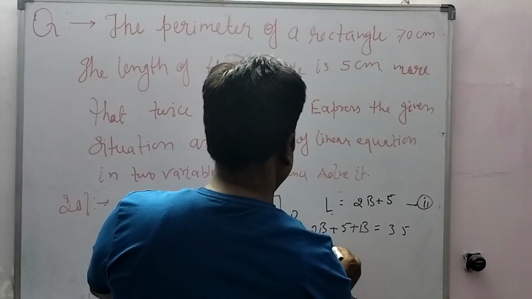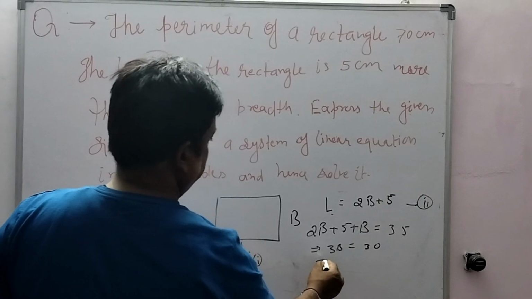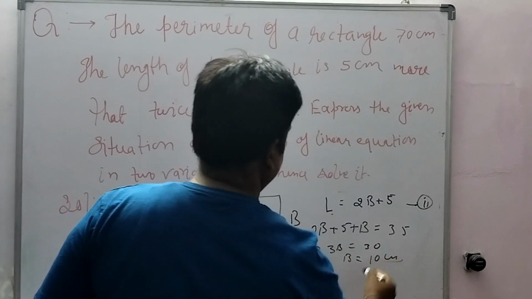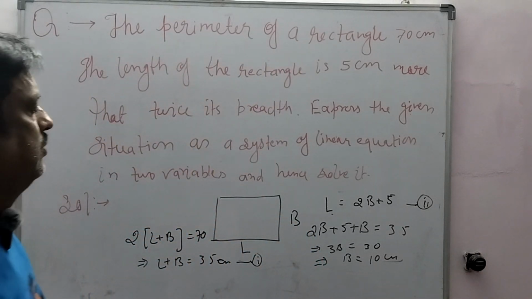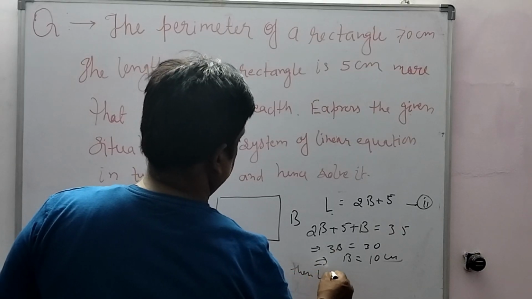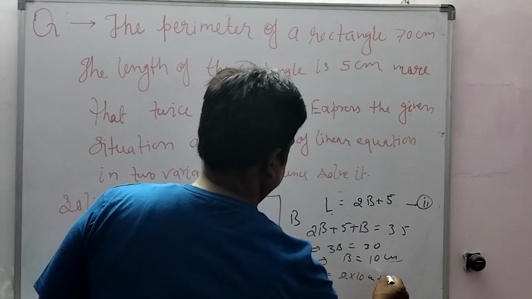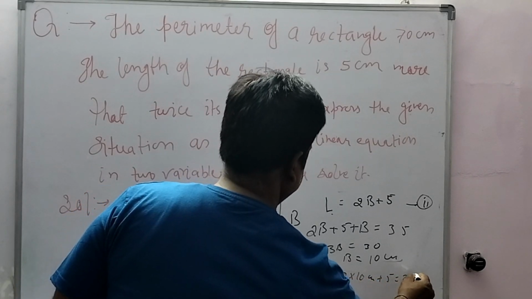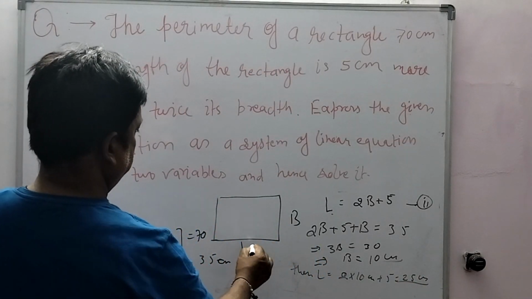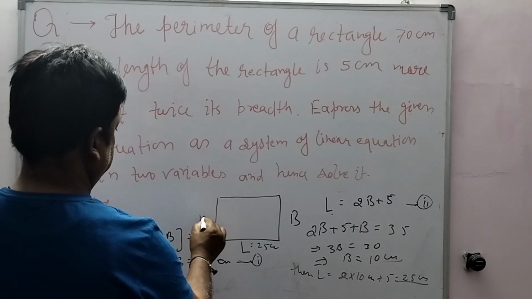That means 3b equal to 30, so b equal to 10 centimeter. We obtained the breadth as 10 centimeter, then length is twice b plus 5, that is 2 into 10 plus 5, which is 25 centimeter. So we get the length 25 centimeter and breadth 10 centimeter.